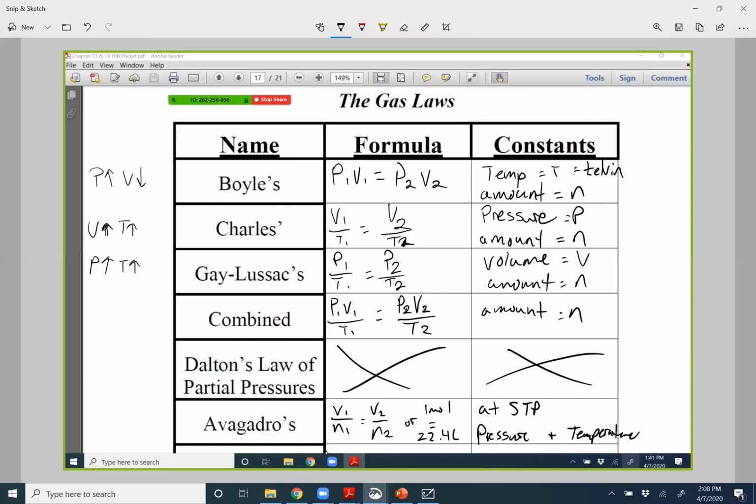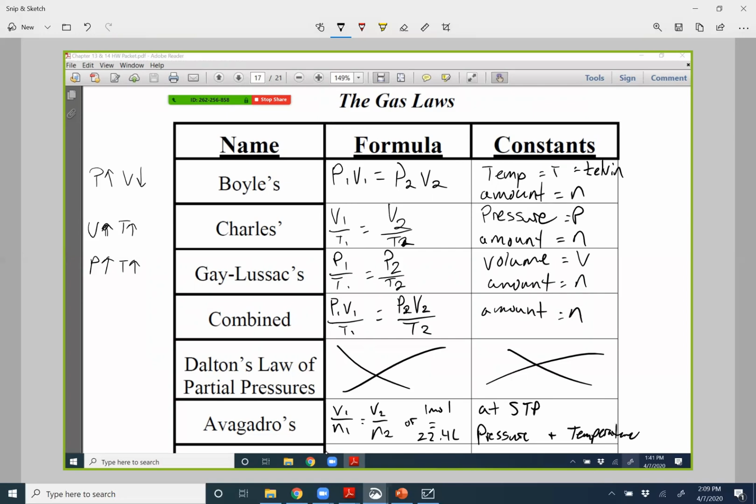The last thing we talked about right at the end was the combined gas law. We can combine all three laws together if the only thing that's not changing is the amount of gas, like in a sealed container, but we're changing the pressure, the temperature, and the volume.